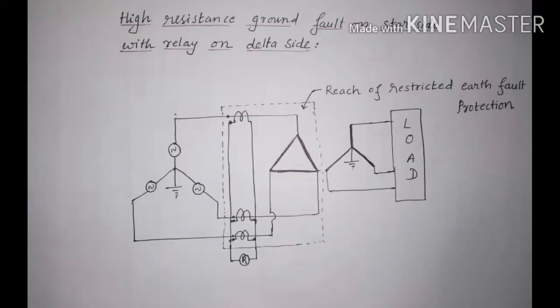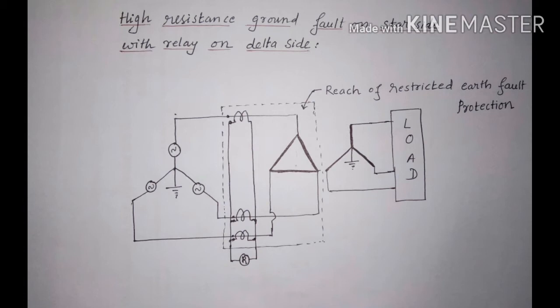Now let us study high resistance ground fault on star side with relay placed on delta side of a transformer. Now let us consider a three-phase delta star connected transformer with neutral of star connected winding grounded.